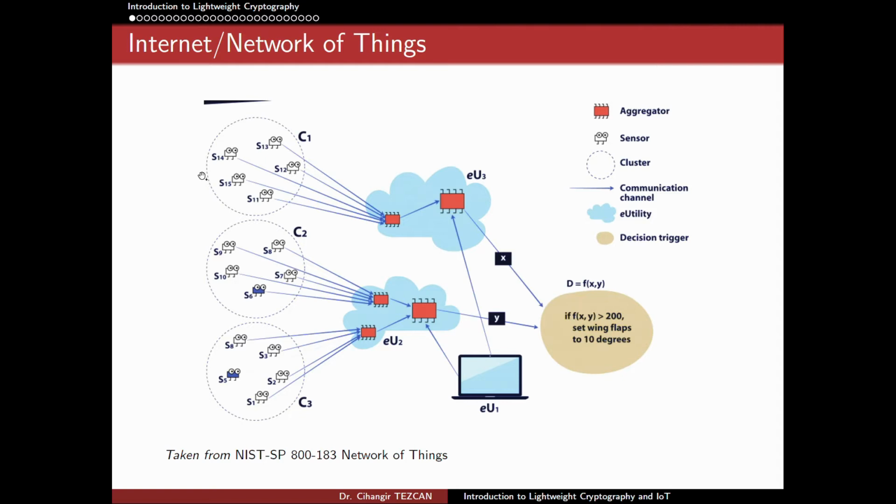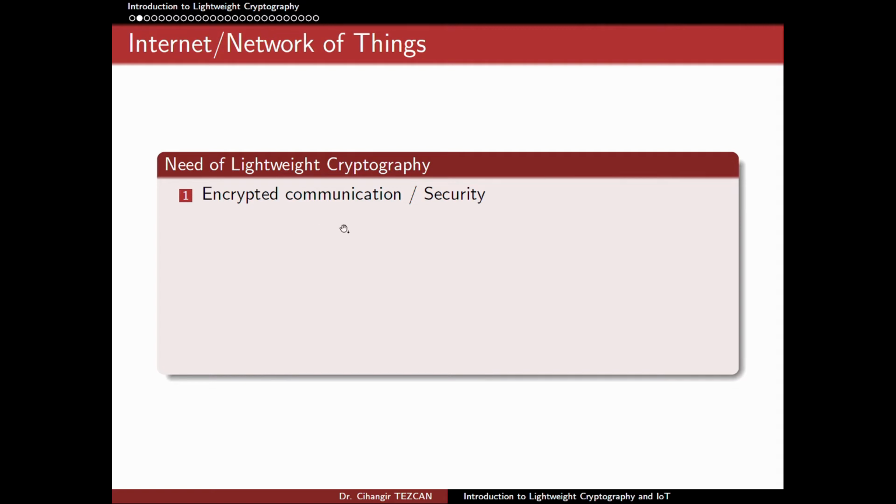But sometimes you have sensors which have very limited computational power, very limited battery, and so on. So we have different algorithms that we call lightweight cryptographic algorithms, so that it will work properly on these sensors. So mainly we need it for encrypted communication, but we also need it for authentication.